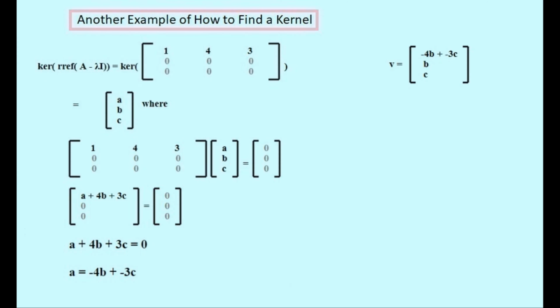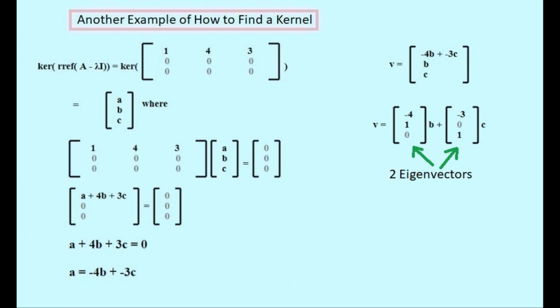And so substituting this value in for a gives us this vector as the solution, and representing all of the vectors in the kernel of this matrix. And this can be expressed as these two vectors, multiplied by the independent variables, which are b and c. And so these are the two eigenvectors that we are looking for.